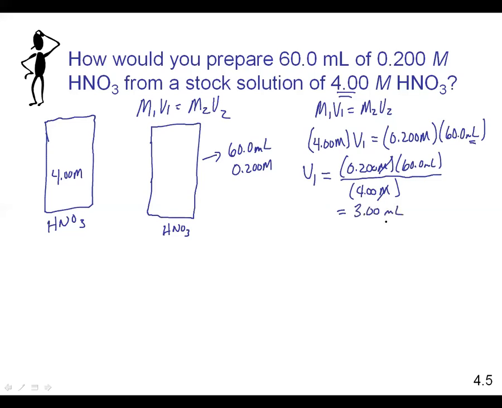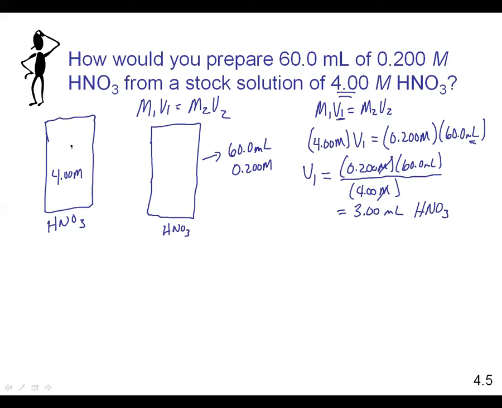Now, the question actually asks how you would make this solution. When we get that 3 milliliters, what that represents is 3 milliliters of the more concentrated solution. Typically when you solve for V1, that's how much of the more concentrated solution.